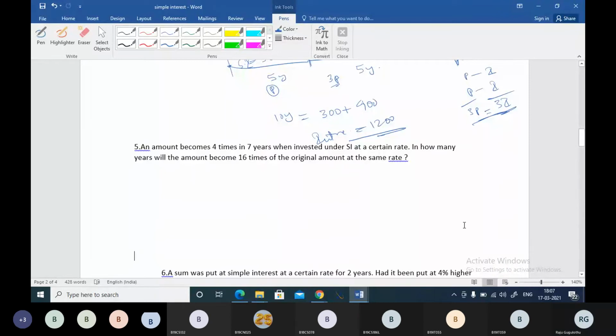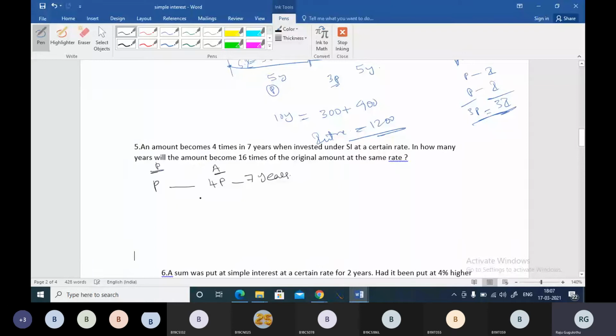Okay, here you will have to understand one thing. We have P, which is the principal. That is becoming 4P in a period of 7 years. So this is the amount and this is the principal.